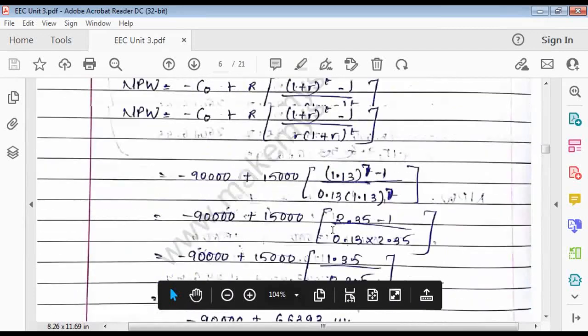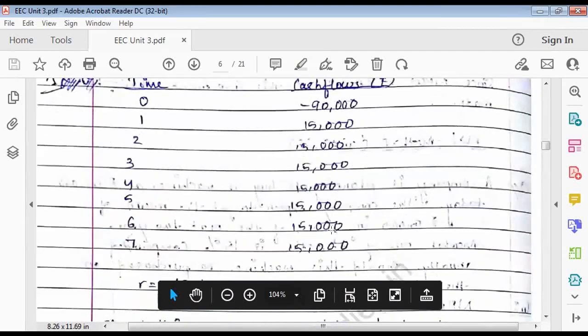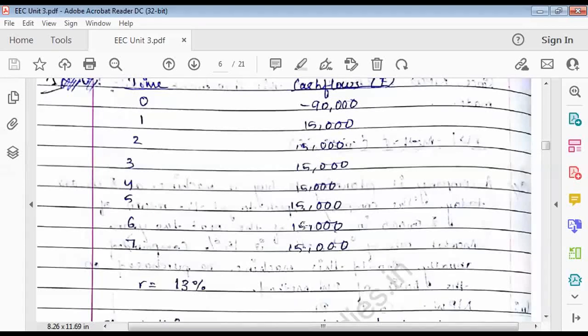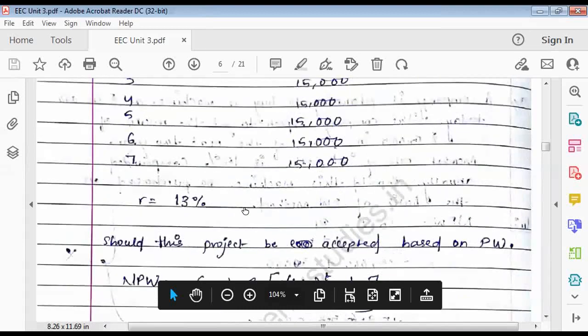Just look at this question, and it is the same question with time periods 0, 1, 2, 3, 4, 5, 6, 7. Cash flows are minus 90,000, then 15,000 each for the next 7 years. R is 13%. Only difference is the question would be, should this project be accepted based on FW, not PW?